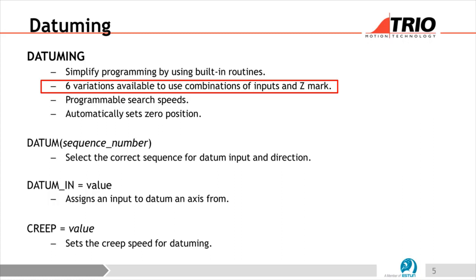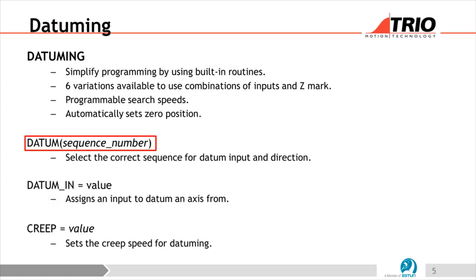Alright. So the keyword here is DATUM, and you put in the sequence number. If you go to the Trio BASIC help, it will actually list all the datuming sequences there. So what datum 0 is for, datum 1, 2, 3, and all that. And DATUM_IN here is a value you assign to the input.